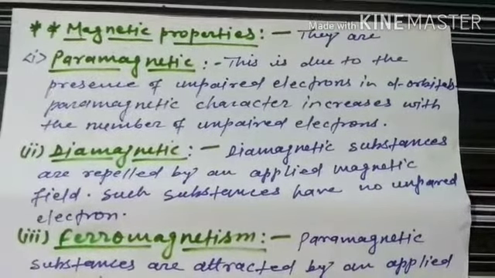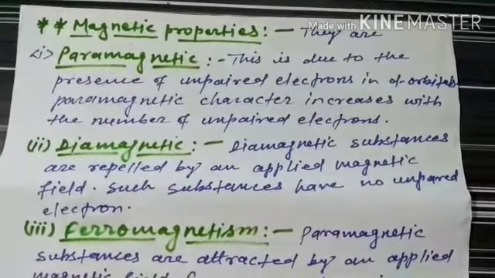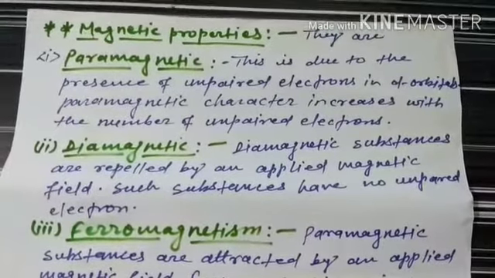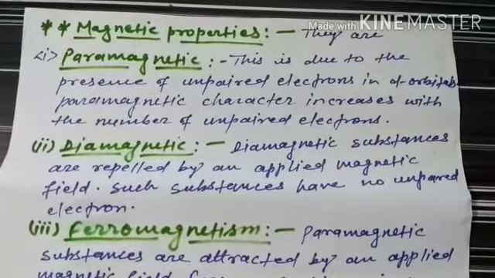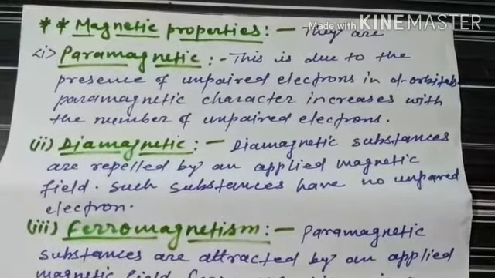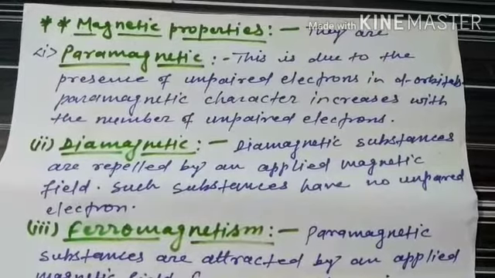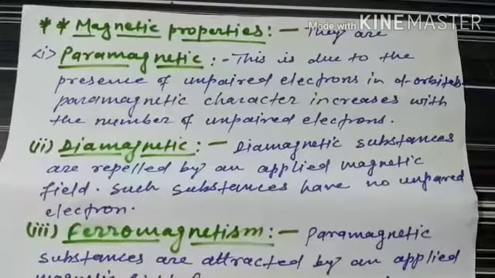First one is paramagnetic. This is due to the presence of unpaired electrons in d orbitals. Paramagnetic character increases with the number of unpaired electrons.